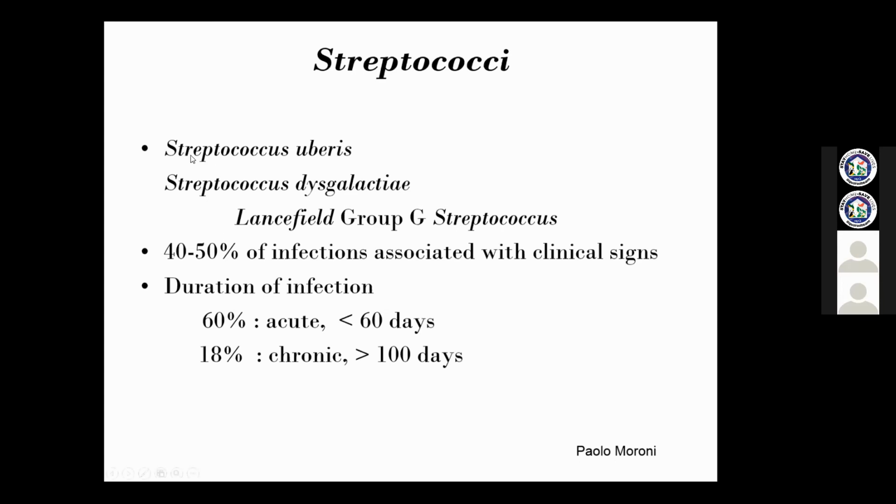With your Streptococcus uberis, for instance, you only see 40 to 50%, and in our cases, we've seen less that actually show clinical signs. So this is always a problem that the farmer won't be aware of this problem. And there, again, it's so important to do microbiology to make sure what is going on in these herds.